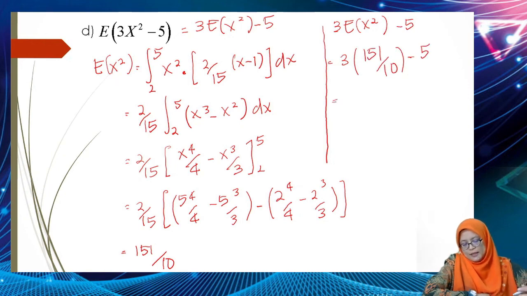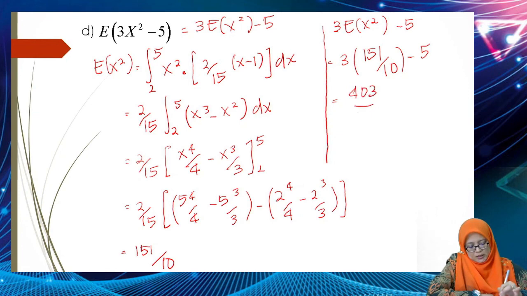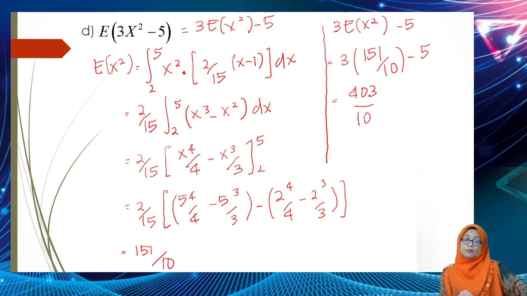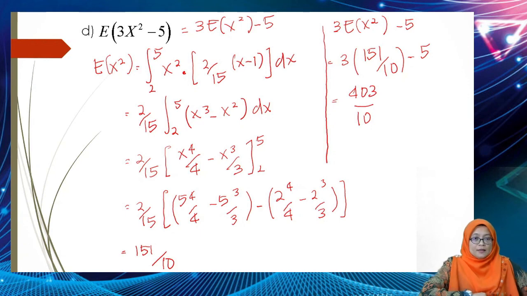So calculate, awak akan dapat nilai dia 403 over 10. So dalam decimal pun boleh, dalam fraction pun boleh. Okay, boleh ya? Okay, so itu basic untuk cari expectation.